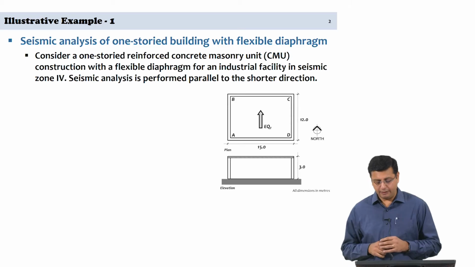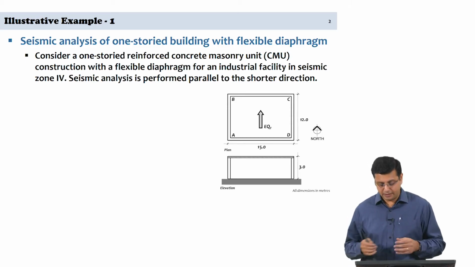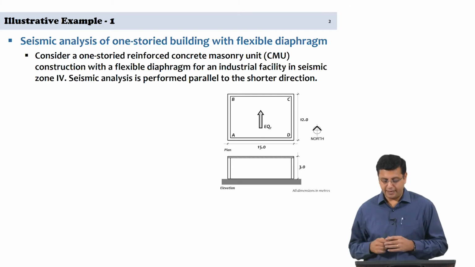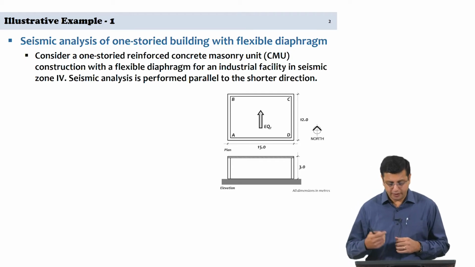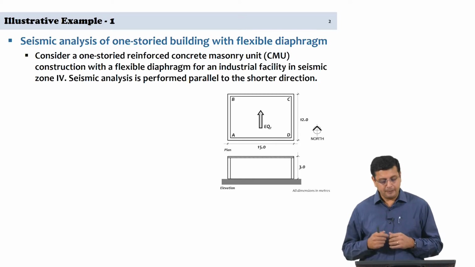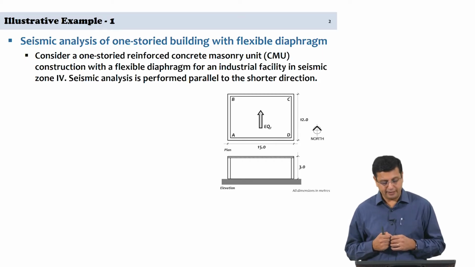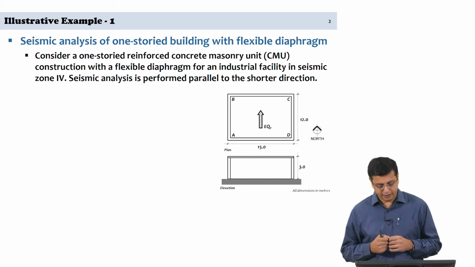It is rectangular in plan, 15 meters the longer dimension and 12 meters is the shorter dimension, and the earthquake analysis is now being performed considering earthquake action parallel to the shorter direction.